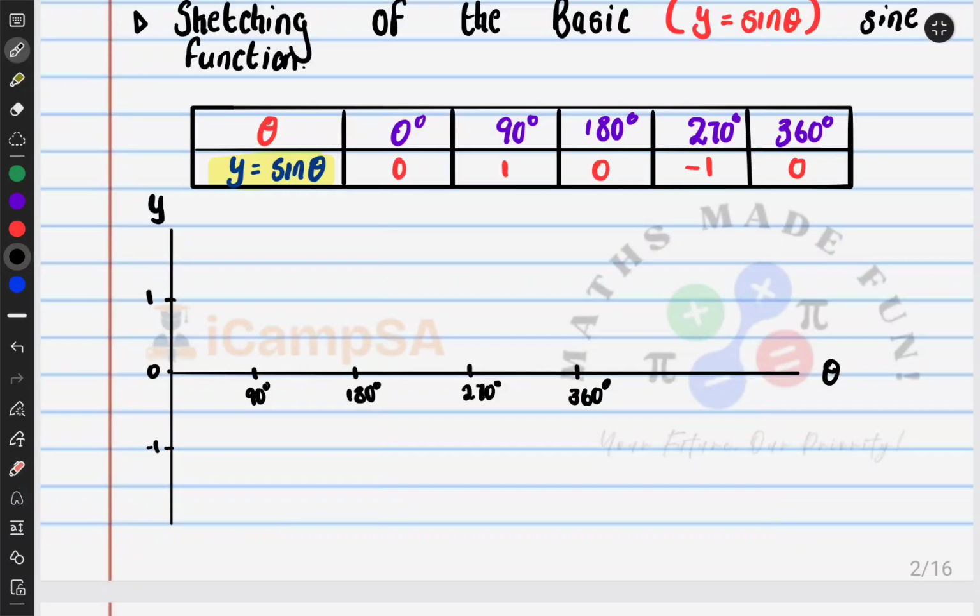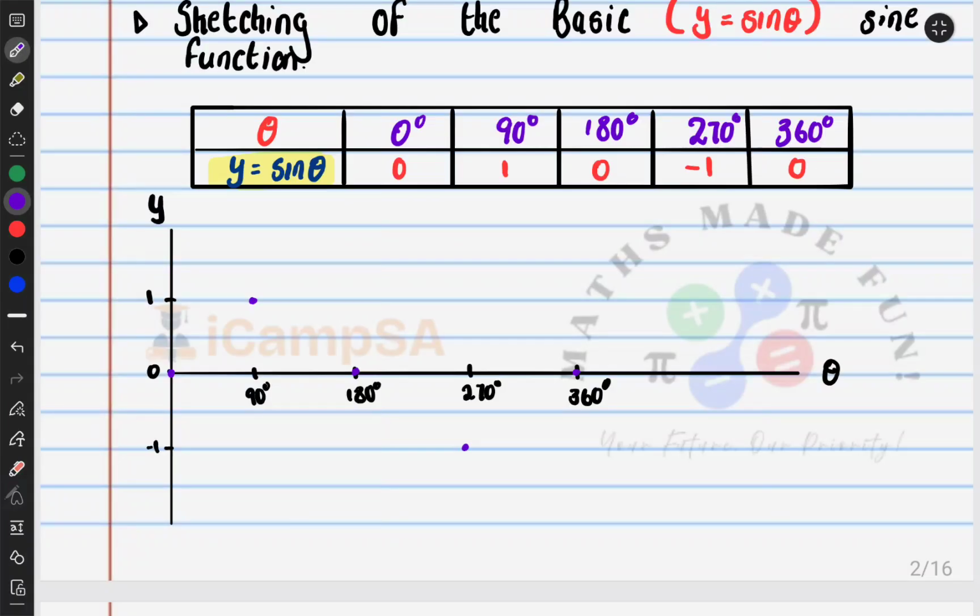Let's plot our points: where theta is 0, y is also 0; where theta is 90 degrees, y is 1; where theta is 180, y is 0; when theta is 270, y is -1; and when theta is 360, y is 0.